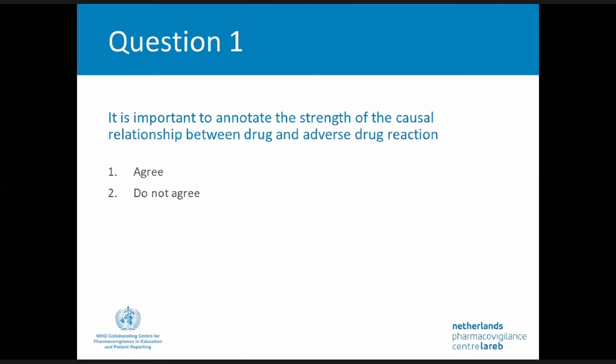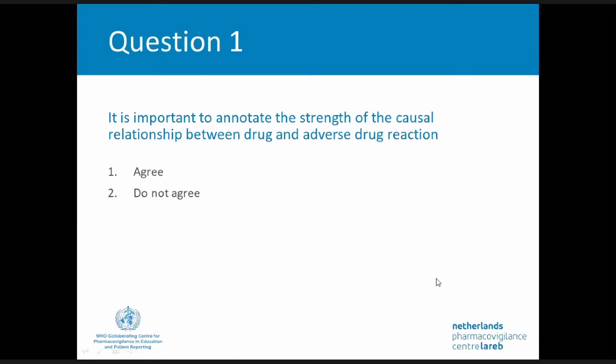So now, things that you'll be able to answer by the end of this lecture are, is it important to annotate the strength of the causal relationship between a drug and an adverse drug reaction? So for instance, if somebody experiences an adverse event and at some time point you gave them a drug, how can you annotate the strength of a causal relationship between a drug and an adverse drug reaction?